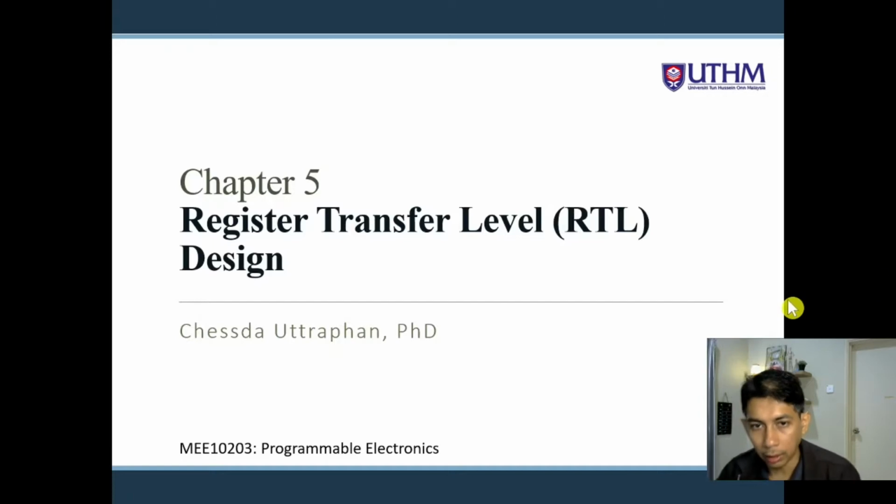We have learned how to design the register already in the previous chapter, chapter 3, and we also have learned the combinational circuit that is used to design the processing unit, in chapter 2. So we will use all of that knowledge in this chapter.